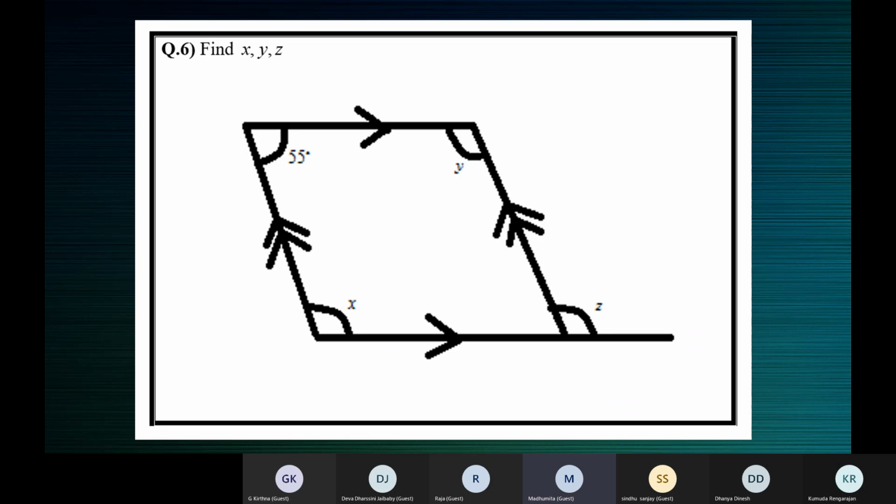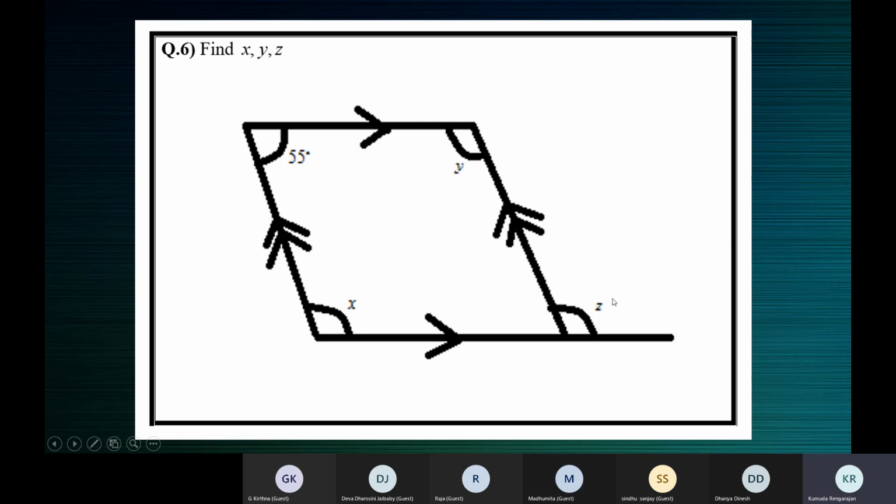Ma'am, Z is 125 degrees, because opposite angles are equal. The other angle, the interior angle of Z, will be 55 degrees. So, linear pair, ma'am, 180 minus 55 is equal to Z. Yeah, that is also one way of doing it.